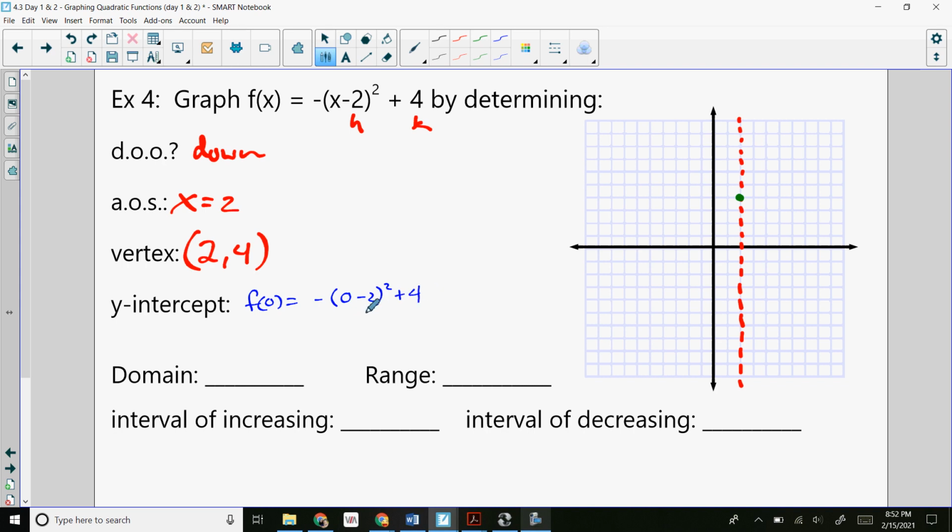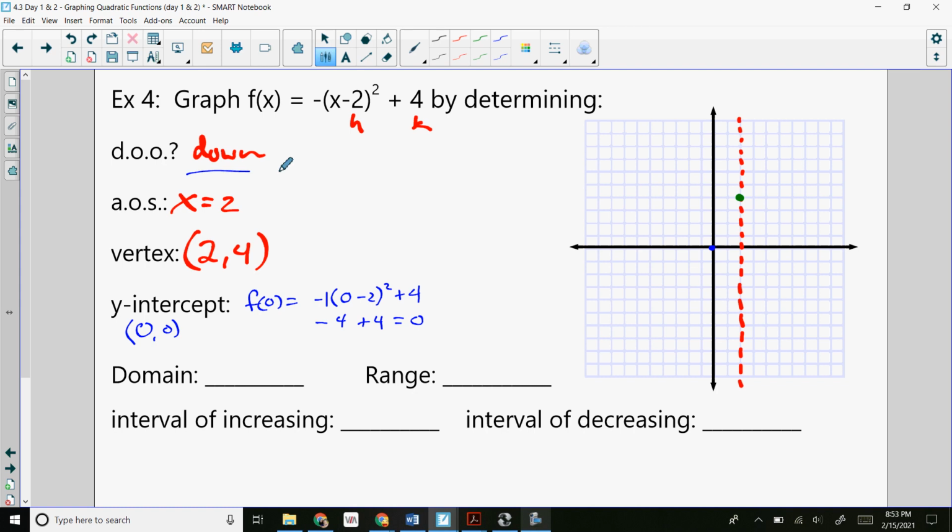If I do order of operations, parentheses first, -2 squared is positive 4. But the negative out front, it's like -1. -1 times that positive 4 is -4. And then at the end, I have plus 4. -4 plus 4 is 0. So when I plug in 0, I get 0. So the y-intercept is actually the point 0, 0. Which would make sense, okay?